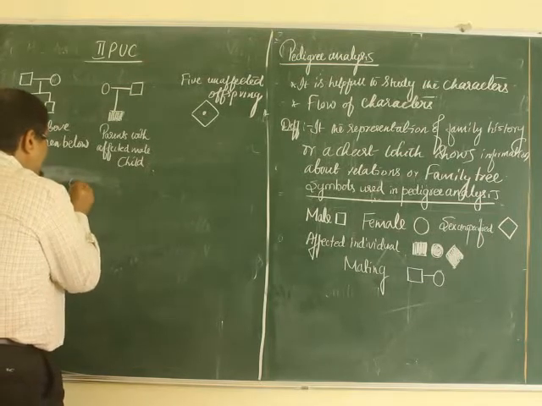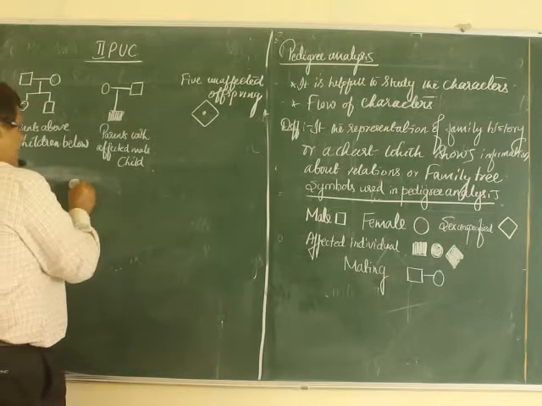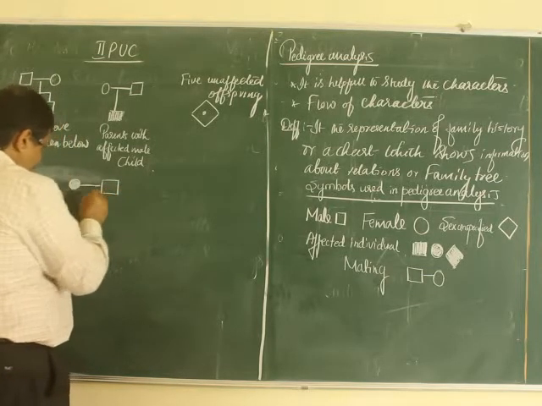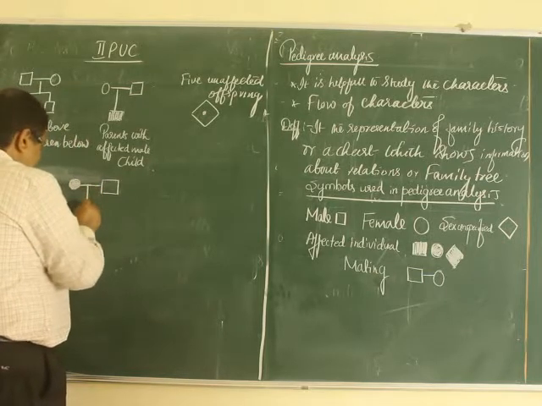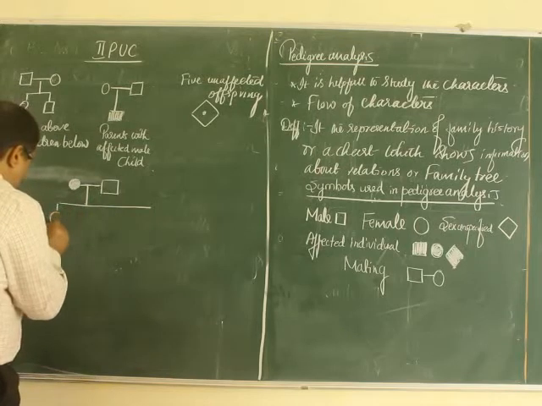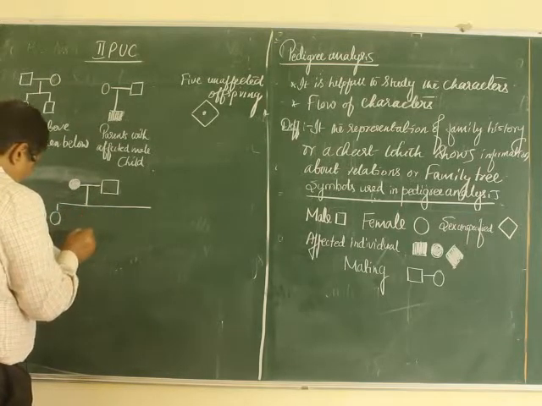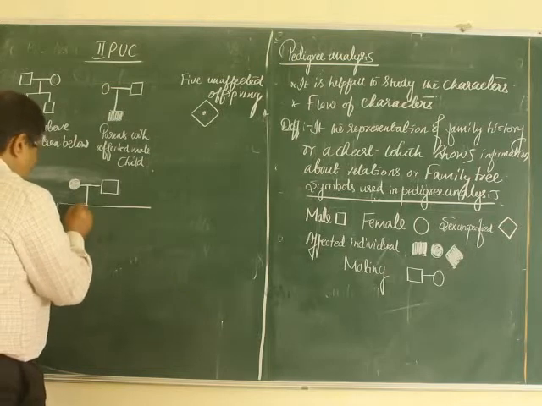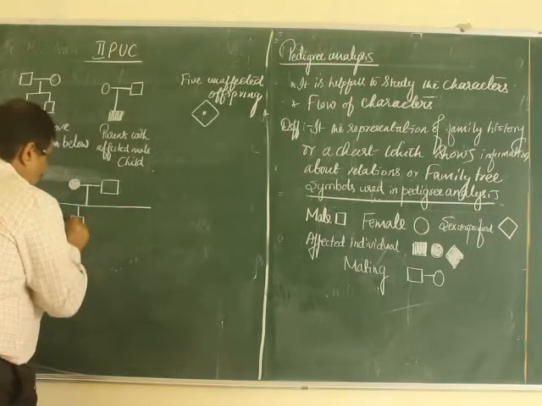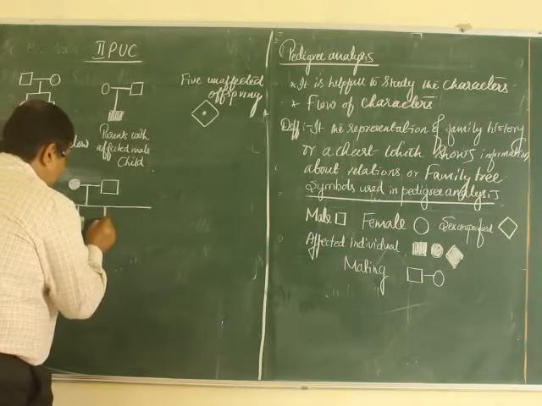Here they have given one chart like this. Affected female marries normal male. Among the four offsprings, both male and female infants are equally affected.